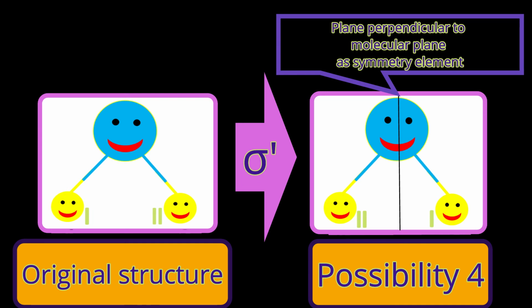So this is a plane of symmetry present in the water molecule. But this plane is perpendicular to the previous plane, and this plane of symmetry is represented by another symbol, so the notation is sigma dash. So which elements have we found so far for the water molecule?